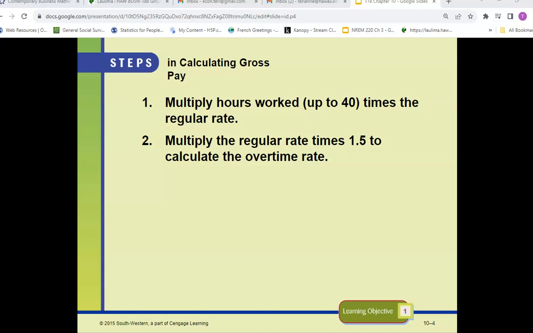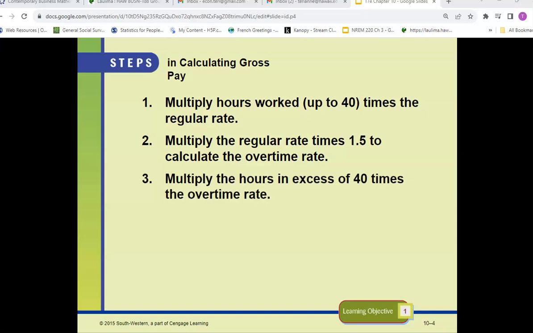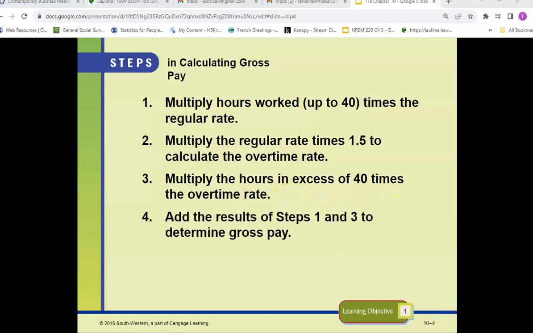So you simply multiply their regular rate by 1.5, and that's going to give you their overtime rate. Then finally, to get their gross pay, you would add their regular pay plus their overtime pay.